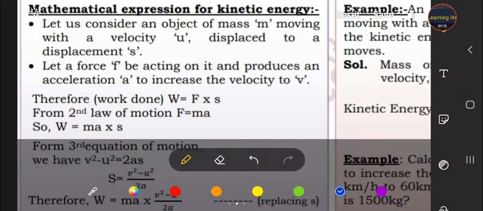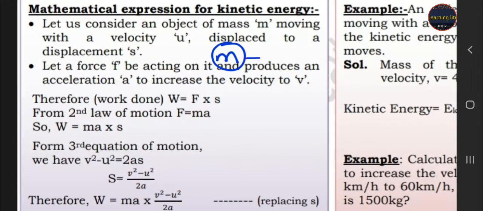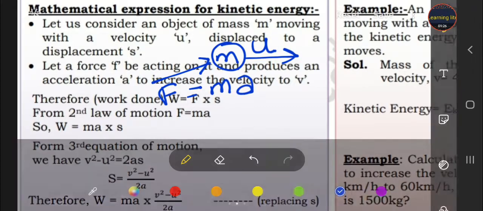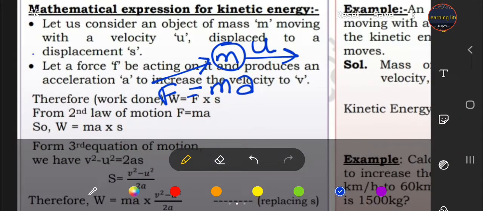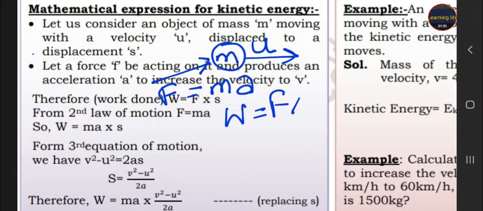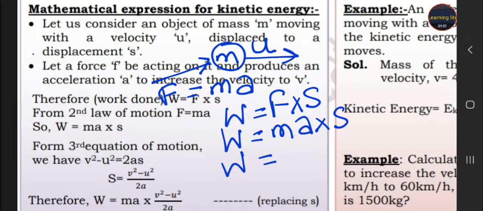Suppose there is an object with mass m moving with initial velocity u, and a force F works on it, and F equals ma. But work done equals force into displacement, so W equals ma multiplied by S. Now, what is S here?